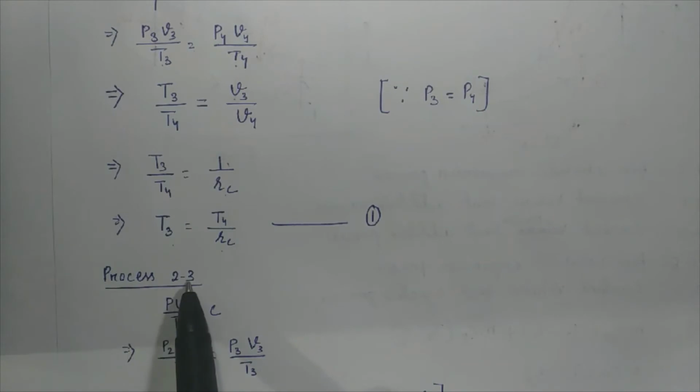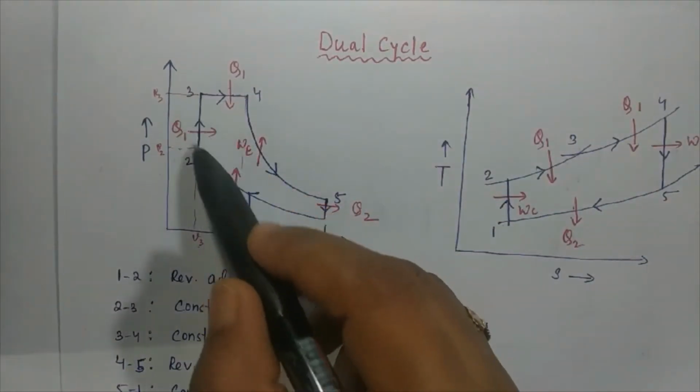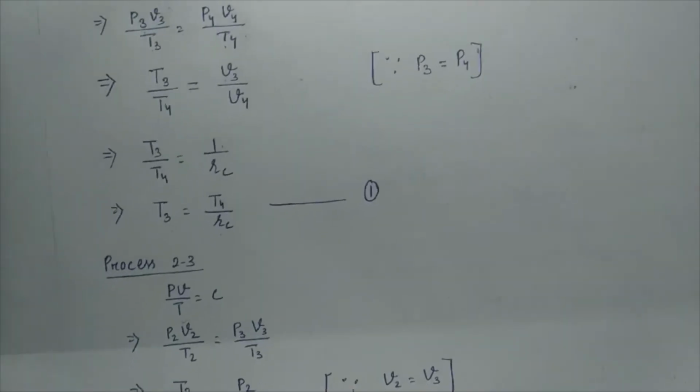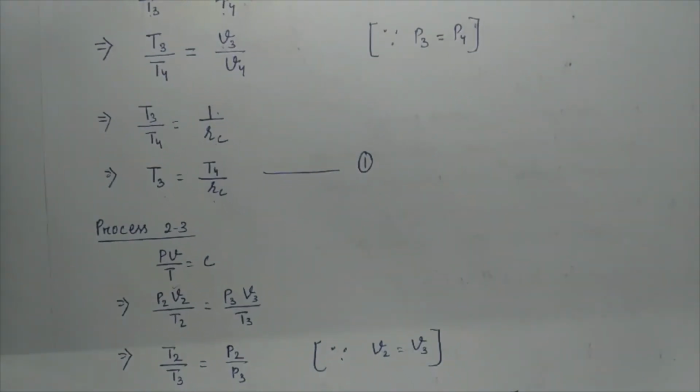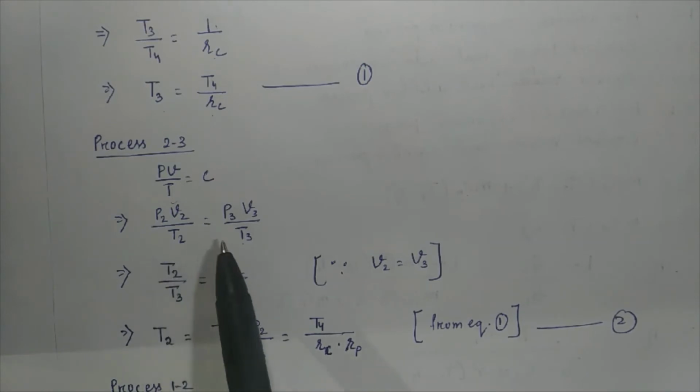Now process 2 to 3 is again a heat addition process, but at constant volume. So here we use the relation PV by T equal to constant: P2 V2 by T2 equal to P3 V3 by T3. As this is a constant volume process, V2 is equal to V3, so they cancel each other and the expression becomes T2 by T3 equal to P2 by P3.